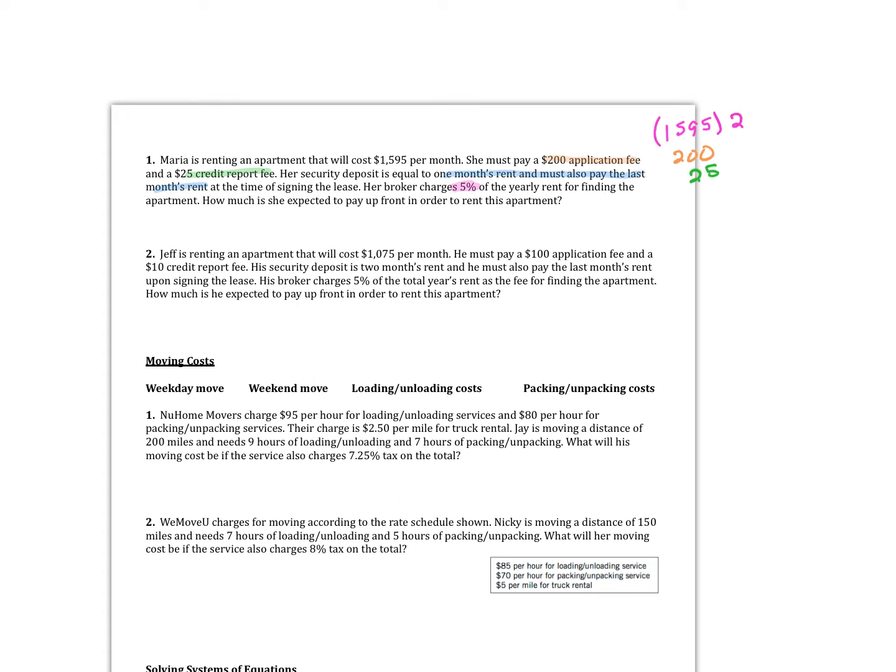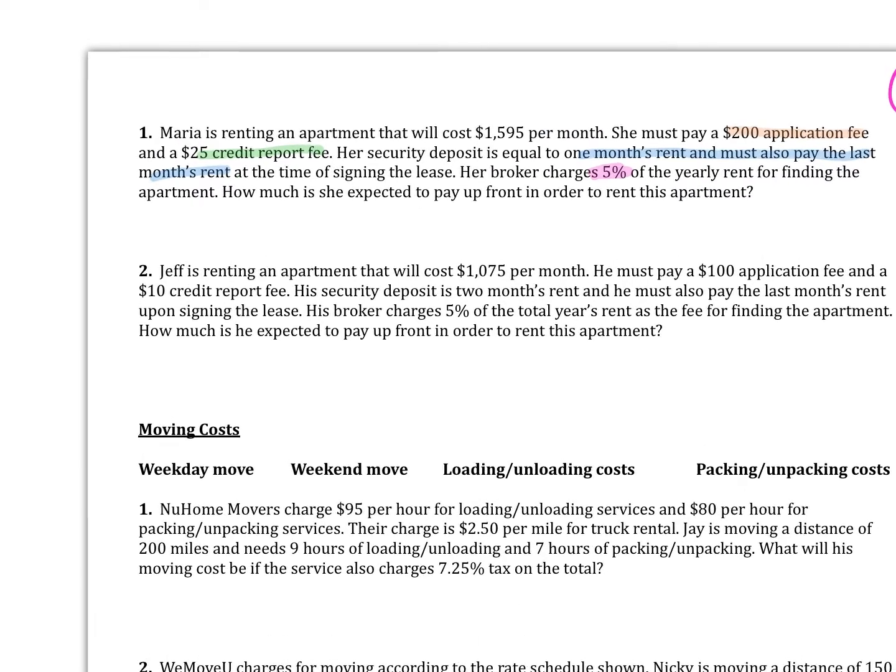And then 5%, let's figure out what that is. 0.05, multiply it by 12 and then $15.95. I got $9.57 for the broker.